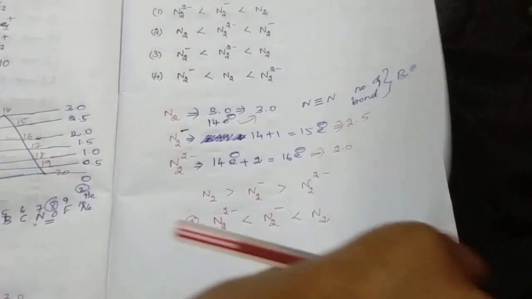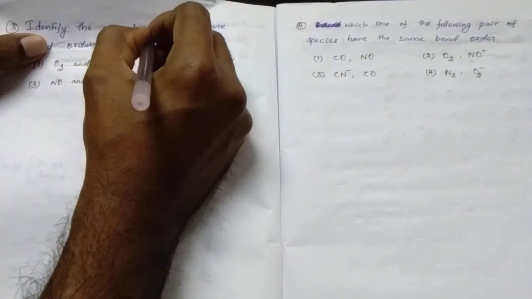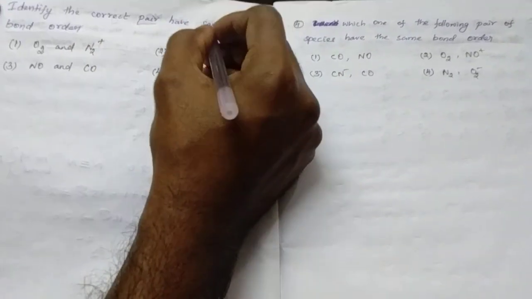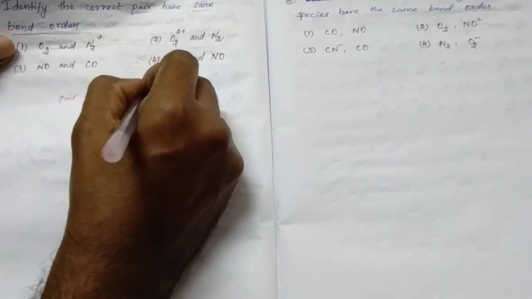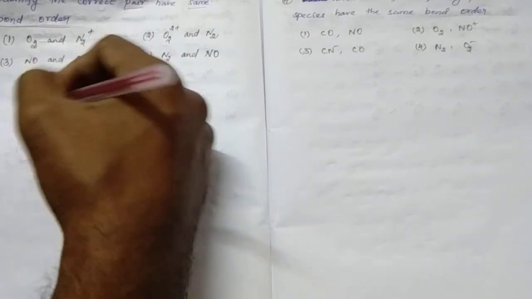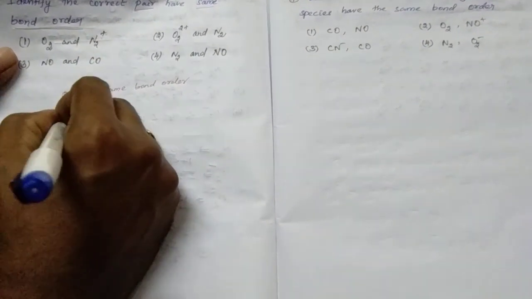Okay, you can see the next question. Identify the correct pair that has the same bond order. So here they ask for the pair that has the same bond order. The pair is nothing but isoelectronic.